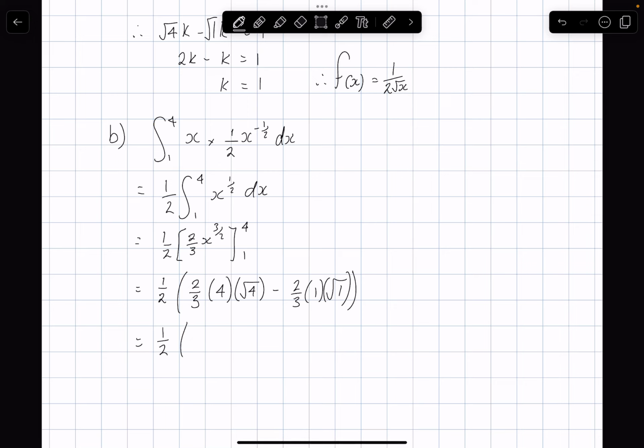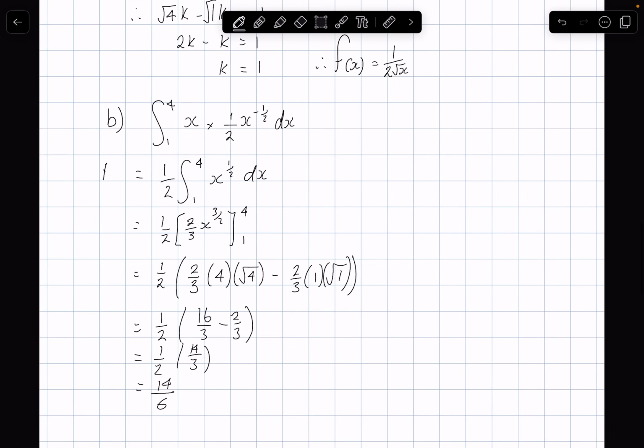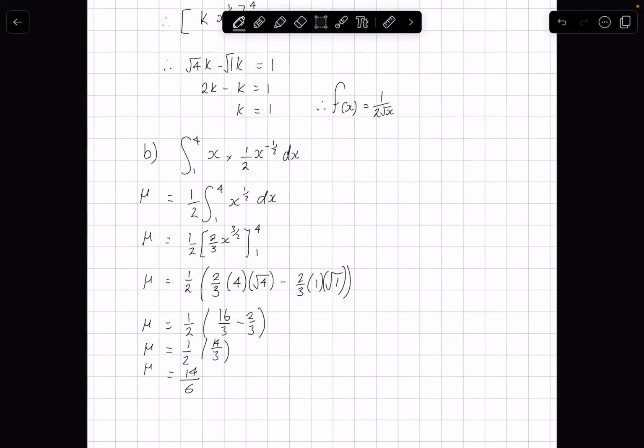I've got a half. 4 times 2 is 8. 8 times another 2 is 16 on 3 minus 2 on 3, which is 14 on 3, and we multiply them through, 14 over 6. So just like that, we have our mean. So what I could be doing here as well is having my mu coming along for the ride.